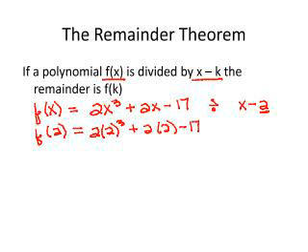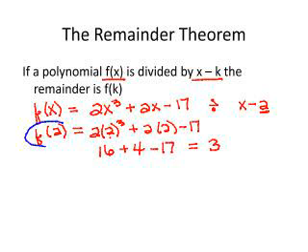Okay, 2 cubed is 8, times 2 is 16, 2 times 2 is 4, 16 plus 4 is 20, 20 minus 17 is 3. So f of 2 is equal to 3.